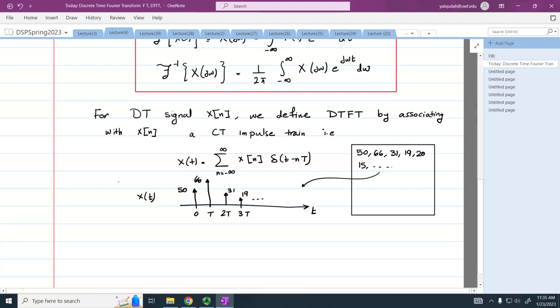This is different than this signal. What's the difference between them? They look the same, aren't they? And that's why, if you don't pay attention, you're going to think, oh, this is the same. But they are not. This is a discrete time signal. This is a continuous time signal.